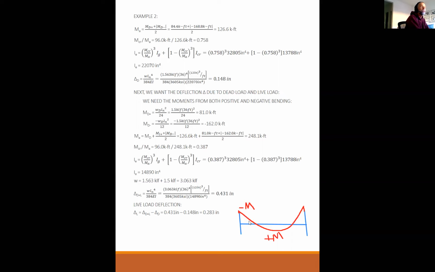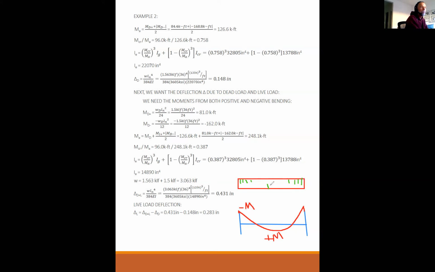What the code says you can do is average the maximum negative moment and the maximum positive moment. You can add the two together and divide by 2 to get an average between the maximum negative and maximum positive. And the reason why they do that is if I actually look at the beam, those moments are going to cause cracking. The negative moment cracks it up here and up here.